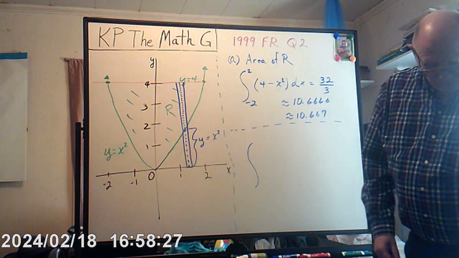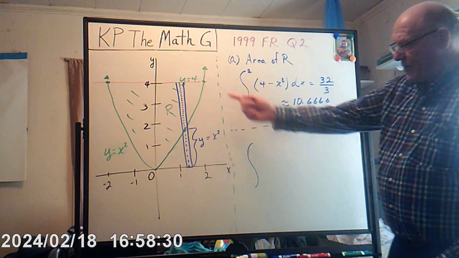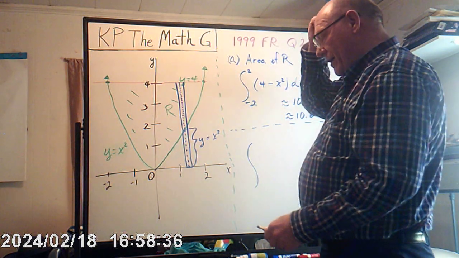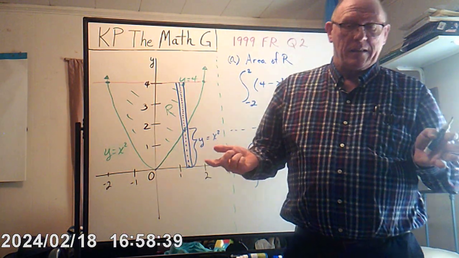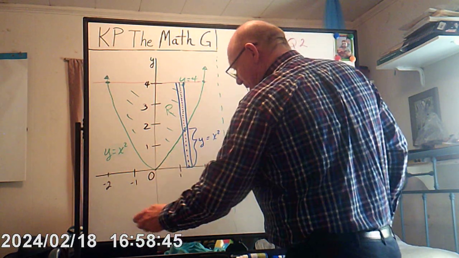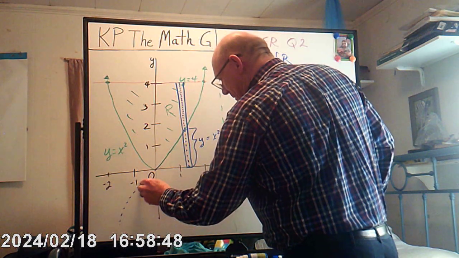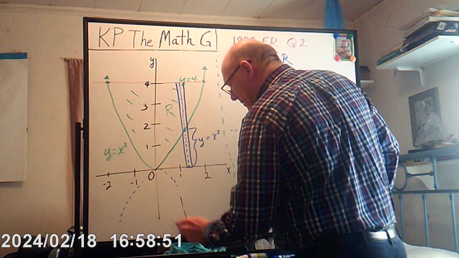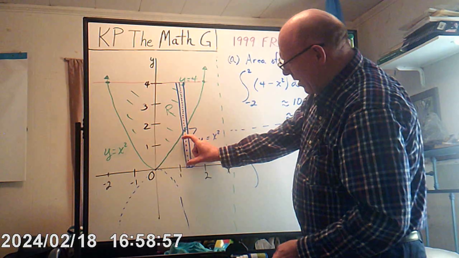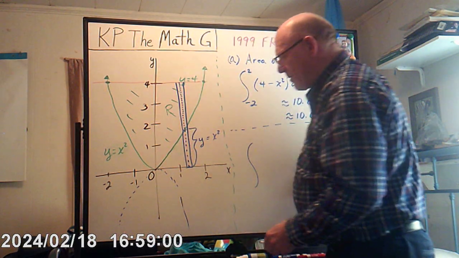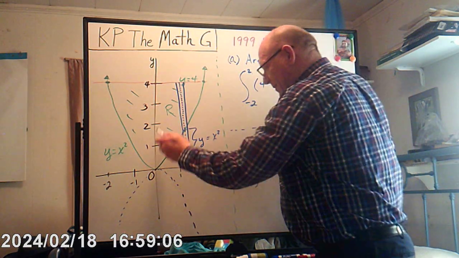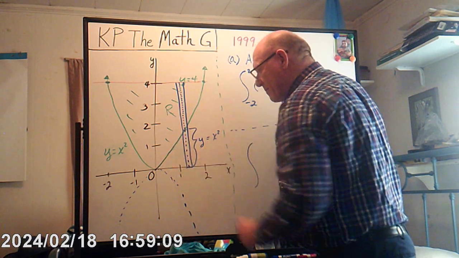The other question is to revolve this about the x-axis. I've grappled with this before. You might think I'm not going to have a hole, because if I go around like this it's a revolution of a solid, but you do have a little opening right here.